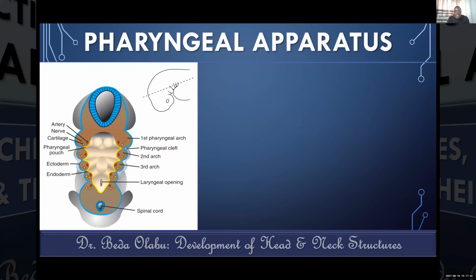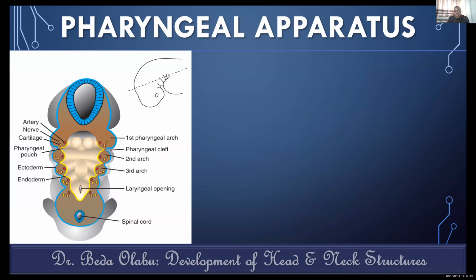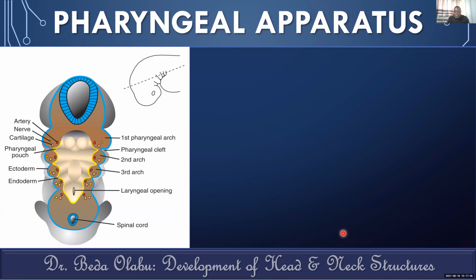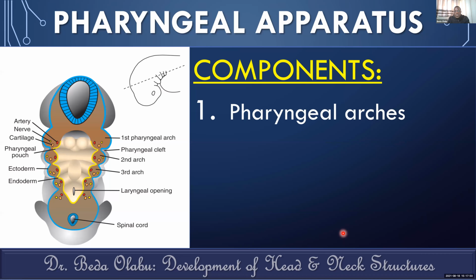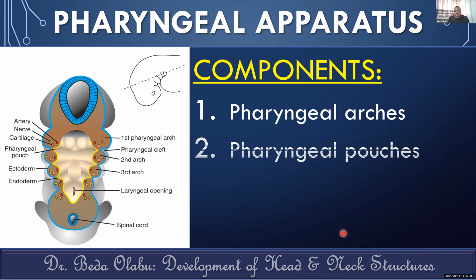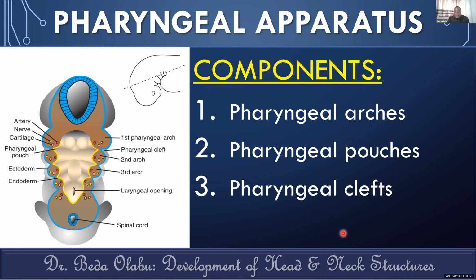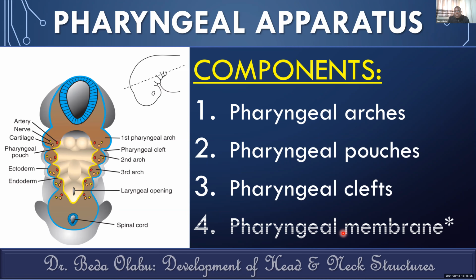Let's start by stating the components of pharyngeal apparatus. Pharyngeal apparatus consists of what we call pharyngeal arches, pharyngeal pouches, pharyngeal clefts, and pharyngeal membranes.